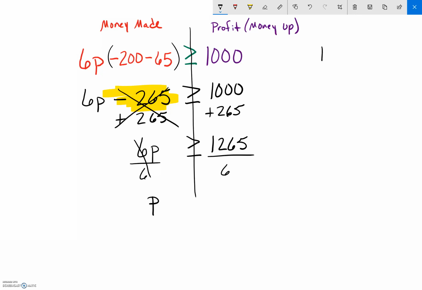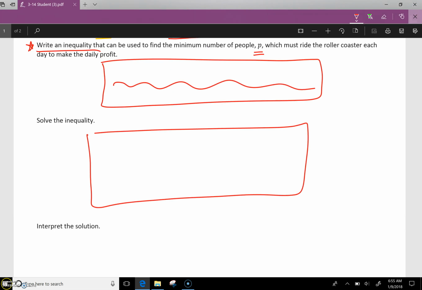Or in this case, what P stands for, remember, is the number of people, or the number of riders. So the number of riders has to be greater than or equal to 1,265 divided by 6, which is 210 and 5/6. Hold on just a second.